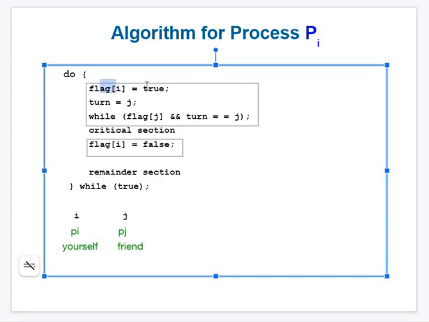Are you using the resource? Yes. So definitely next will be your friend's turn. Until the textbook is handed over by you, your friend is not allowed, and you will have the textbook.